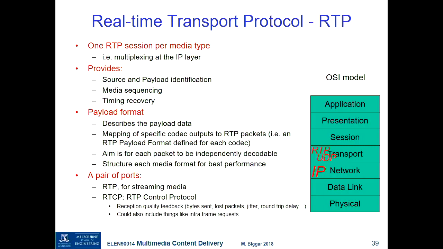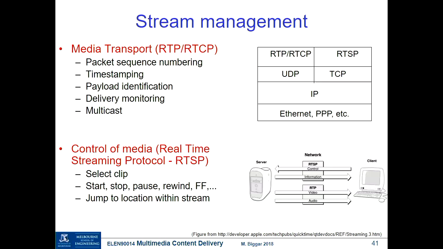So it's providing data about the number of bytes sent, the real-time jitter, what the round-trip delay is, these sorts of things that can be used to, for instance, make decisions at the sending end that maybe the network performance is dropping. I'm starting to get increased numbers of lost packets. The round-trip delay is increasing. I'll switch to a lower bit rate of the stream. So this RTCP is also carried over UDP. It also has the real-time or short delay requirement. So that's why it looks like that. Sorry, I got a bit confused.